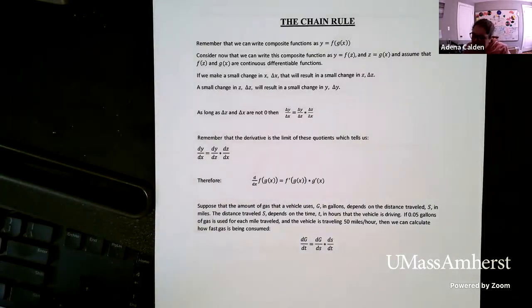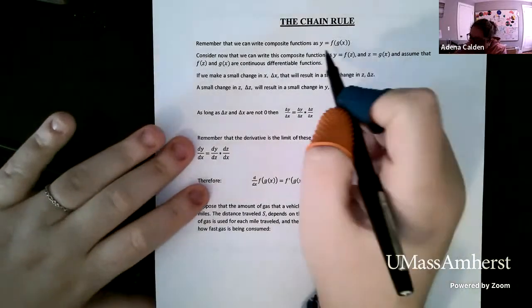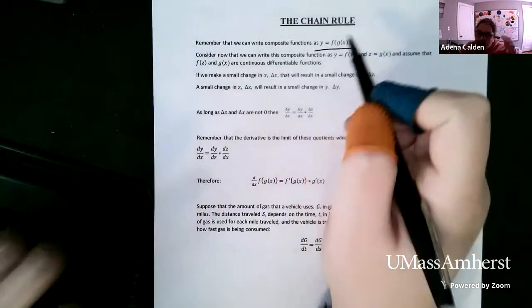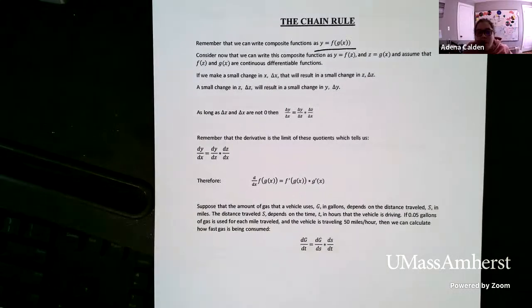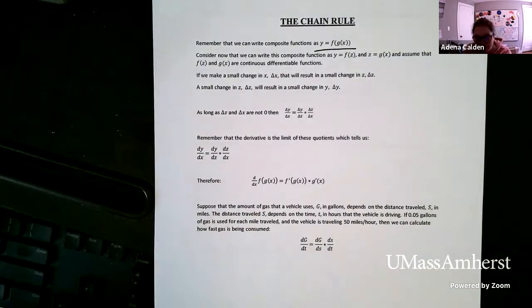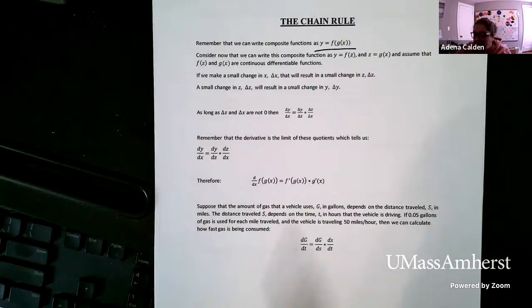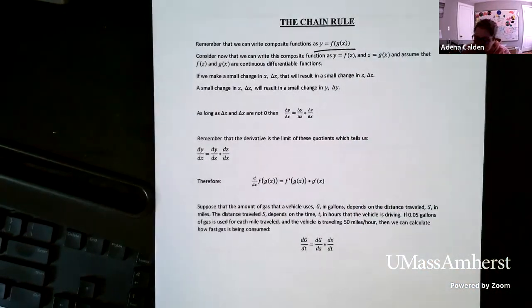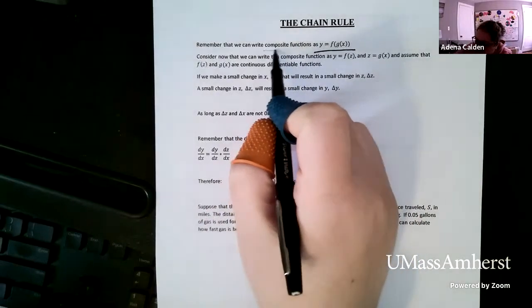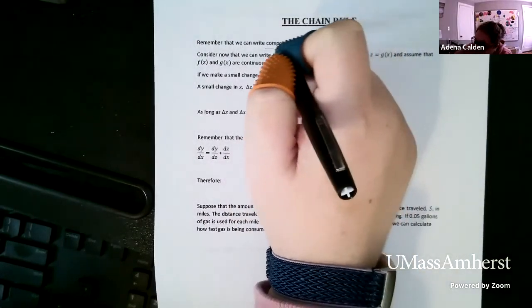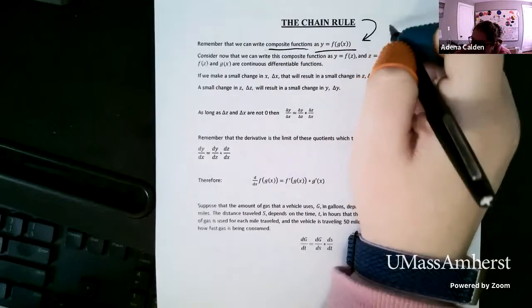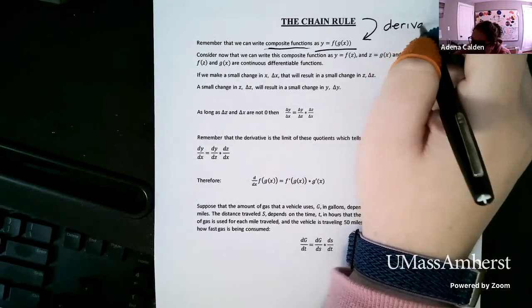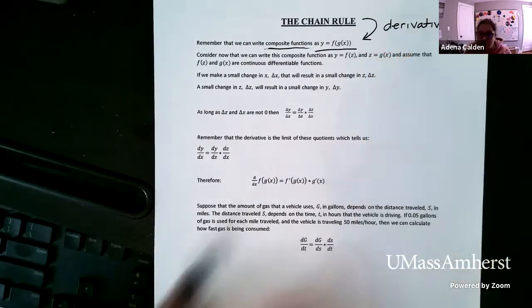The first piece of information we need is that back in, I think, 1.8, we talked about something called composite functions. Composite functions are when you plug one function into another function. The chain rule is used to take the derivative of a composite function.